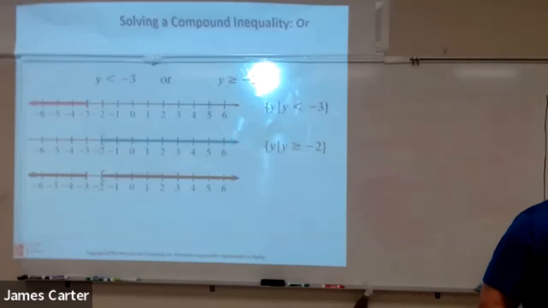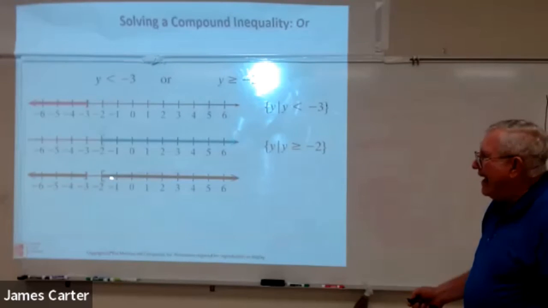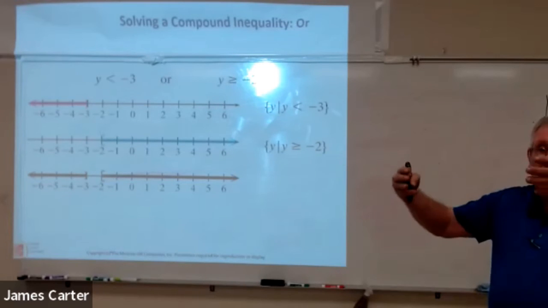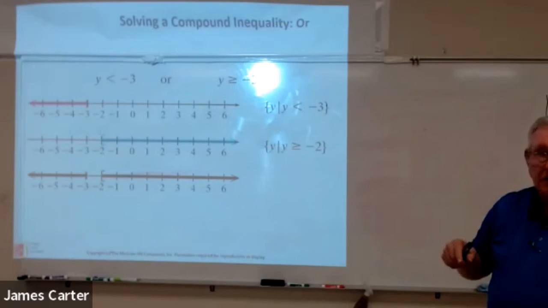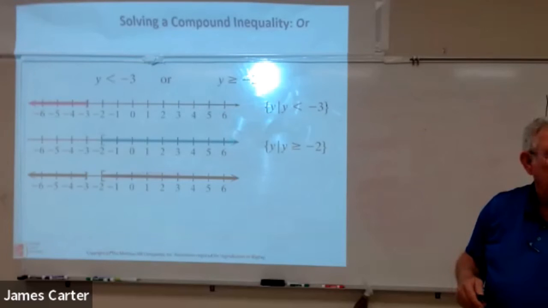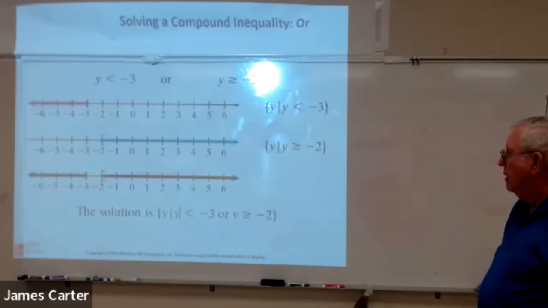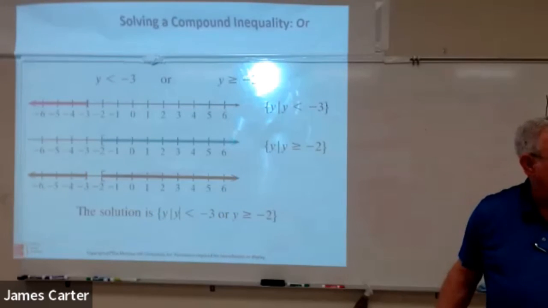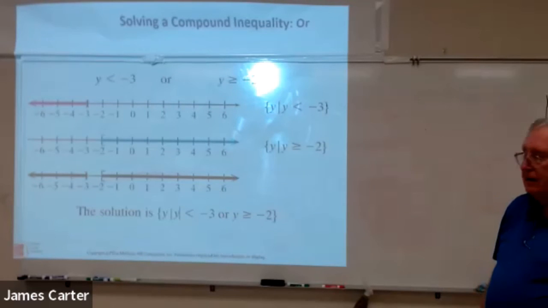Okay? We got a gap. That means our interval notation is going to be split with a U in the middle. Okay? Now, here's the set notation. You actually have to physically write in the "or" to get it. There's no fancy symbol for it.